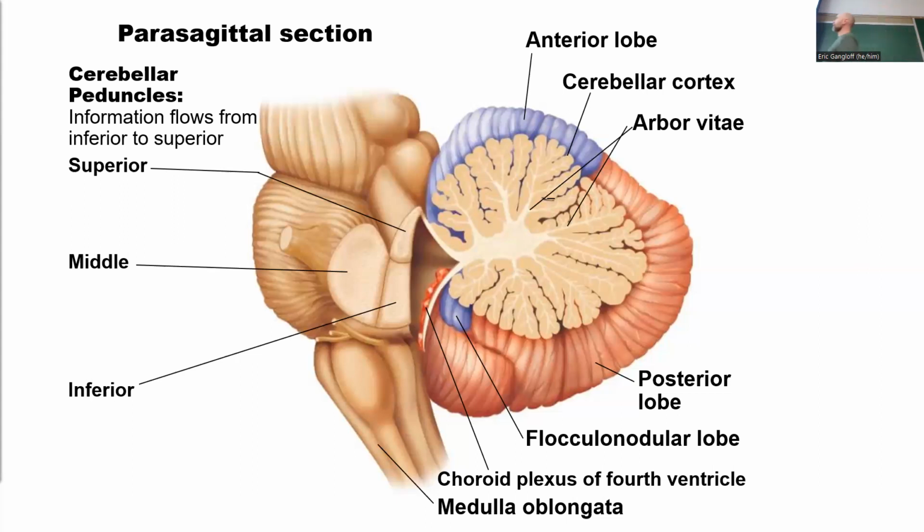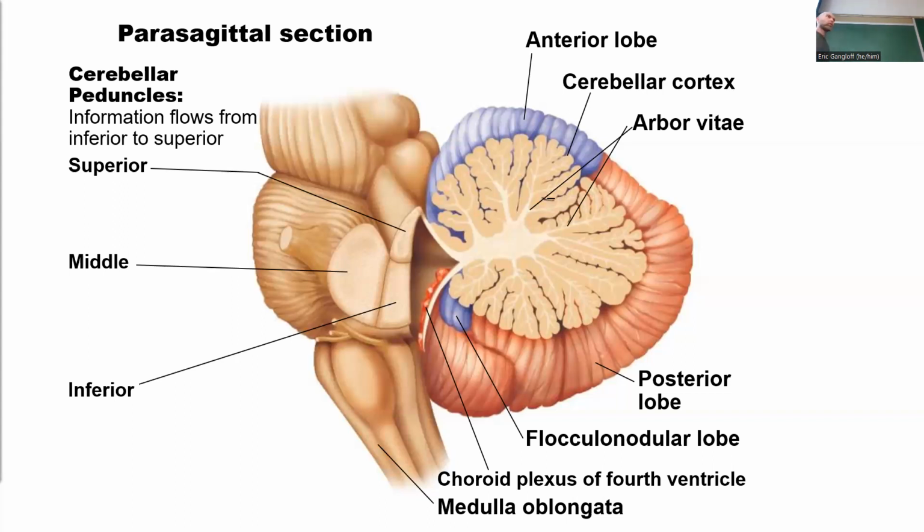Notice that when we cut along this plane as well, we can see the fourth ventricle really well. So this is filled with what? Cerebrospinal fluid, good. We have this choroid plexus, that's where the cerebrospinal fluid is produced. And importantly here, I want to bring you back to what we talked about earlier in the week. We have the inferior, middle, and superior cerebellar peduncles.